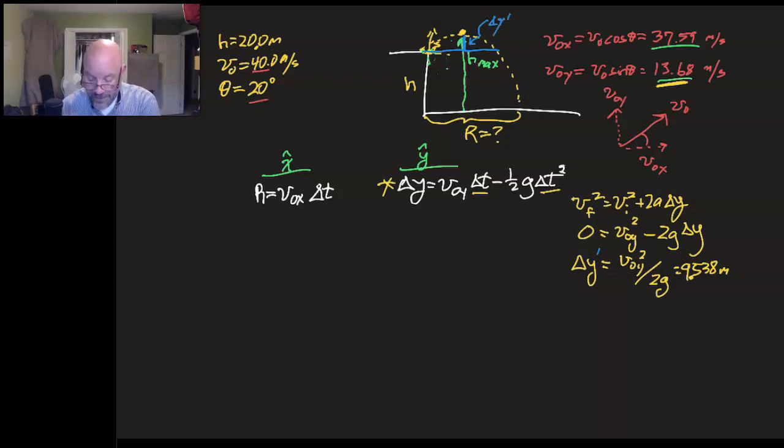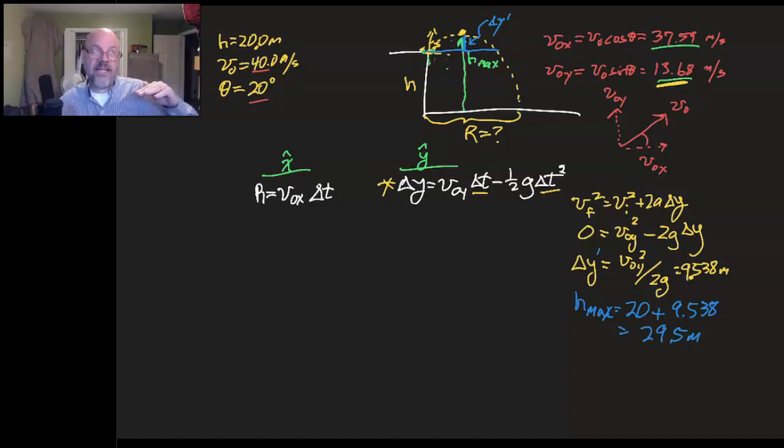And so then H max is going to be equal to 20, the height of the cliff, plus my 9.538 number. And so once we stick with 3 sig figs, we get 29.5 meters. So we could say it a couple different ways.